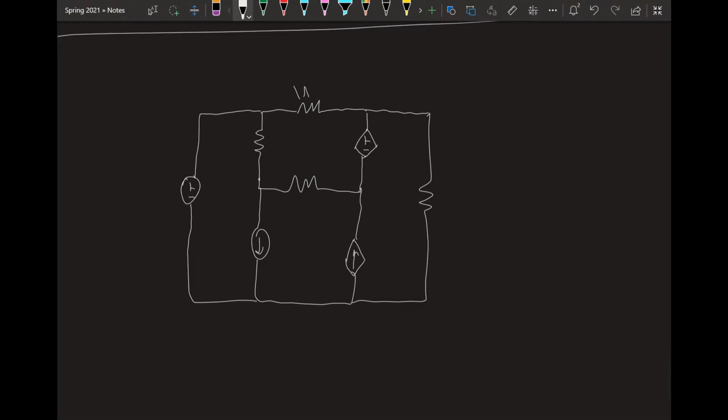And I should probably write in values. 1 ohm, 2 ohms. And this is going to be 3ix, where ix is defined as here. And this is going to be 2vy, where vy is here. So now I use some dependent sources, which makes it slightly more difficult to solve, but our process will stay the same.